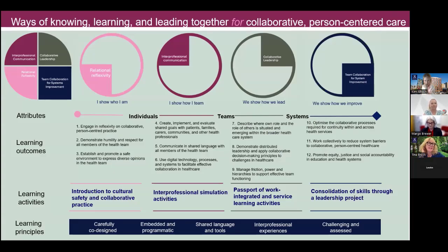What we did is some work that is based on some of the papers coming out of the Health Profession Accreditation Collaborative. We took our original curriculum framework, which was based on the Canadian framework, and was beautiful, but quite complicated. And since we were at the beginning of the journey, we did a lot of workshopping and socialization across our schools to come up with what's called the Ways of Knowing, Learning, and Leading Together for Collaborative, Person-Centered Care.